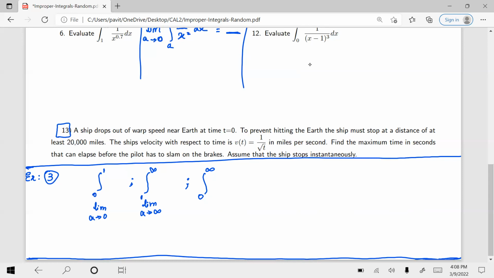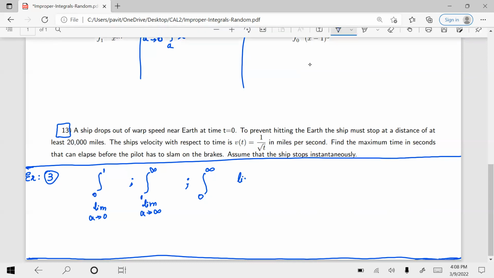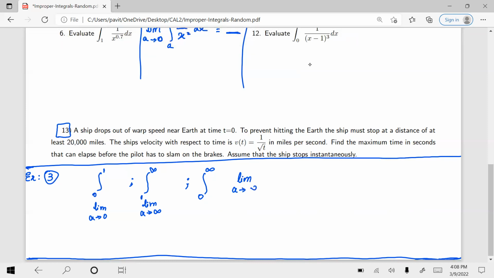But even if you use u substitution, again you have to convert that in terms of x and apply the same limits that are given for x, right? So that is why we have to take limit a tends to infinity always. We have to somehow limit this boundary to a finite number.